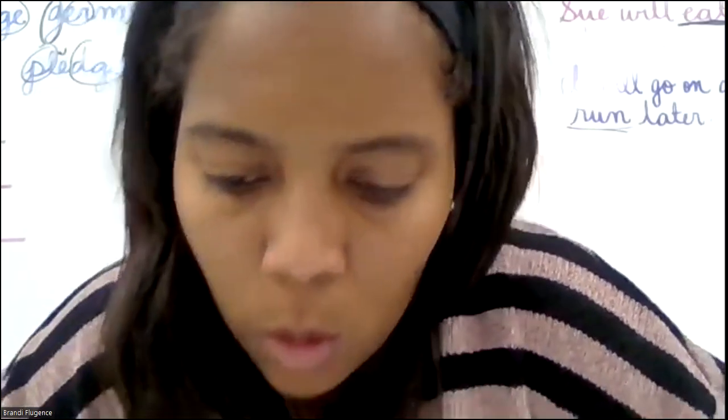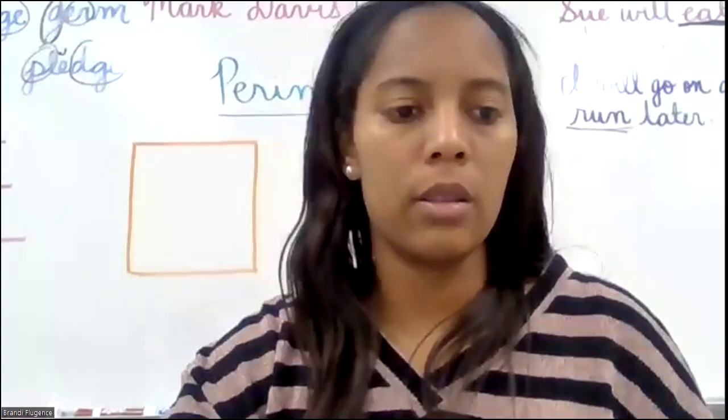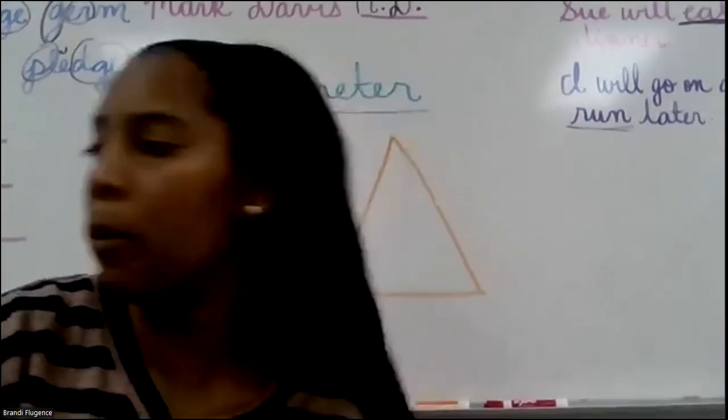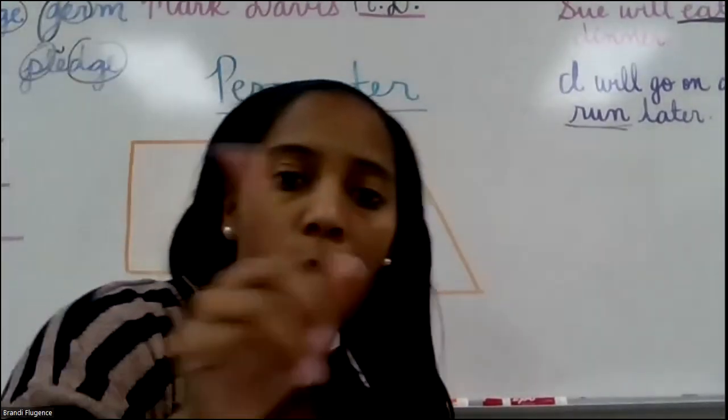Okay, so whenever we find the perimeter of the shape, we are finding the area of the shape.